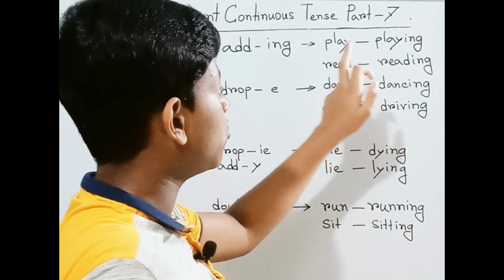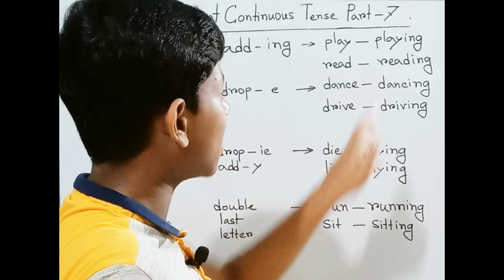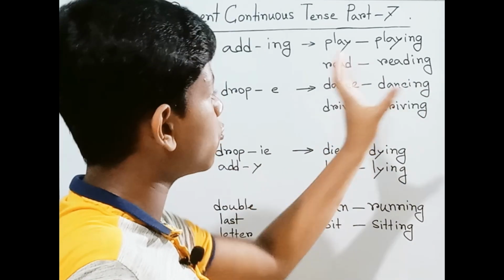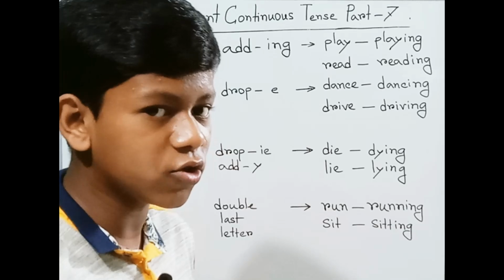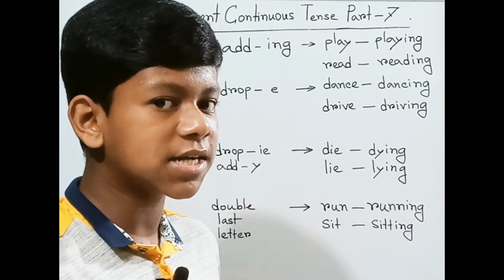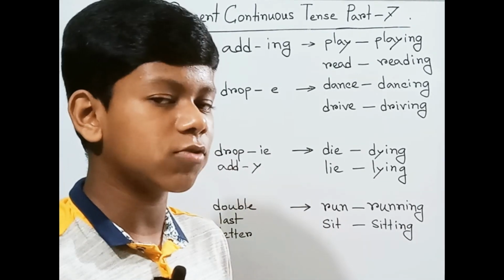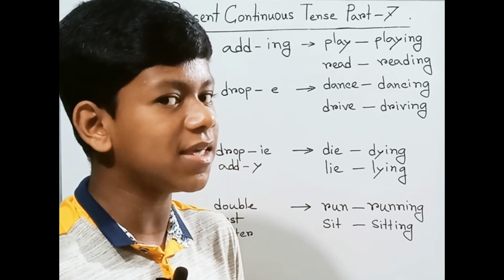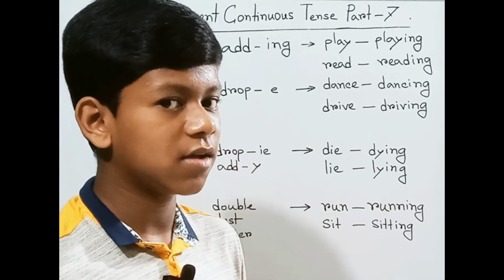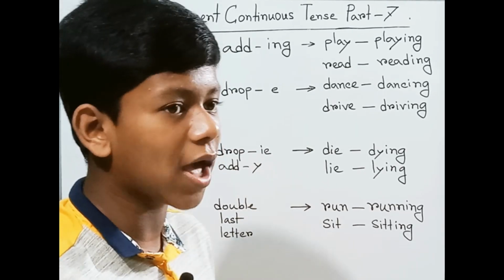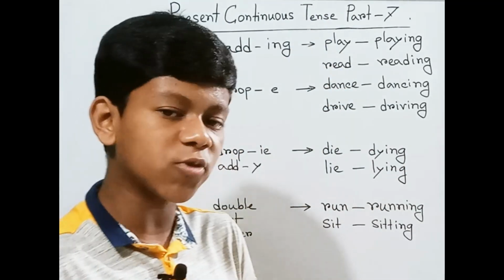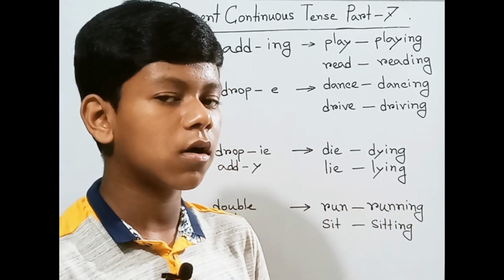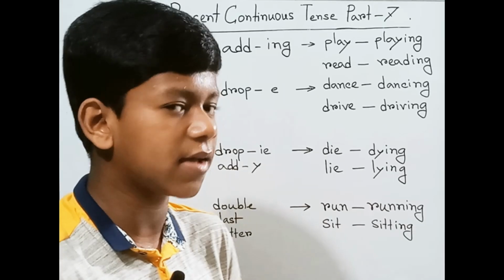Same here, read, reading. After the word read, we have simply added the ing. Walk, walking. You can simply add the ing. I hope you have understood. These are just some examples, but you can create more examples for your understanding.